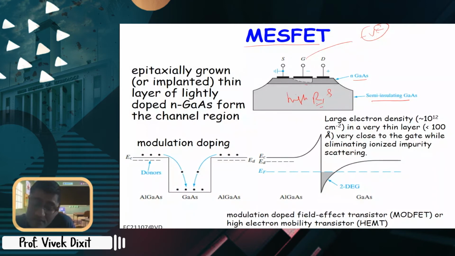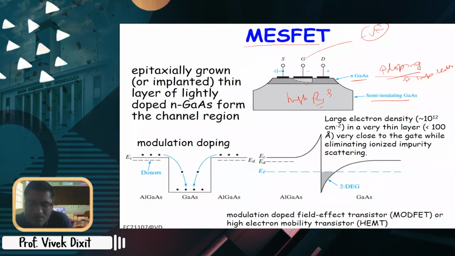Now, what we want is the channel to have high conductivity. So high conductivity can be increased by increasing the doping, right? So if you increase the doping, the conductivity of the channel will increase, but it will also increase the impurity scattering, right?